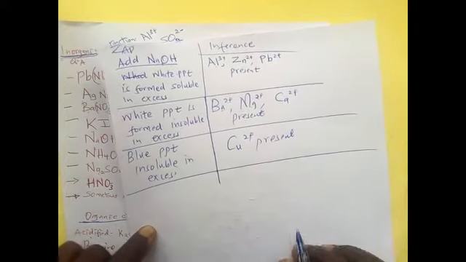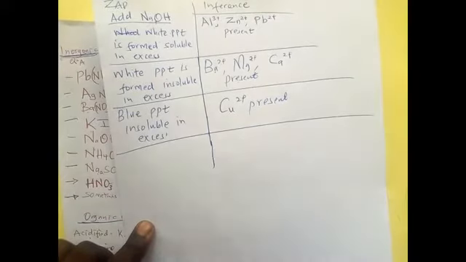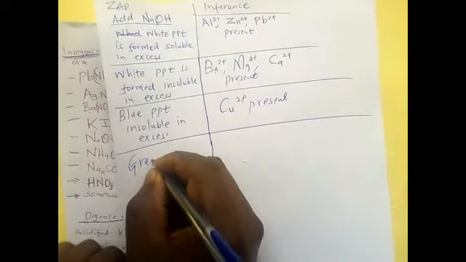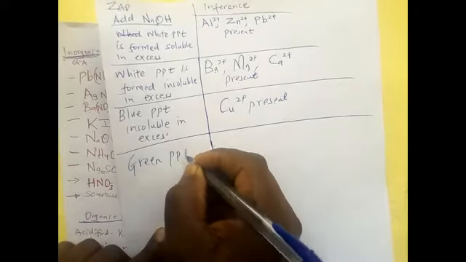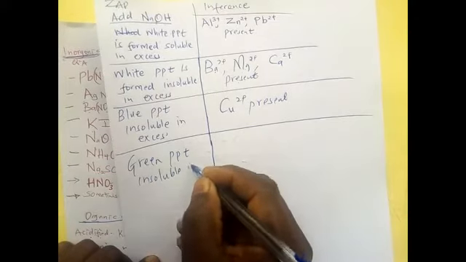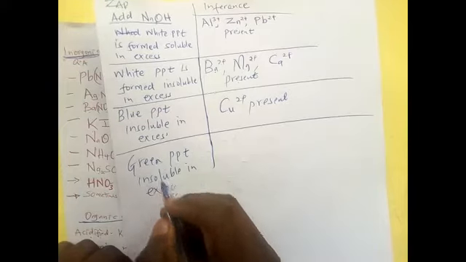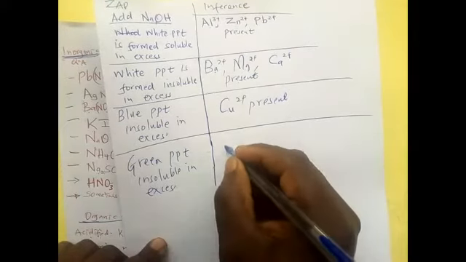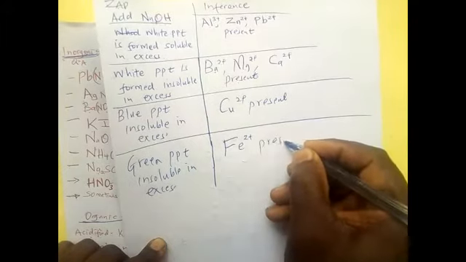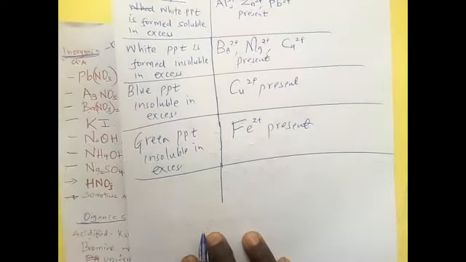What if it forms a green precipitate? A green PPT is formed, insoluble in excess. Once a green precipitate is formed and it is insoluble, then iron 2 ions are present.